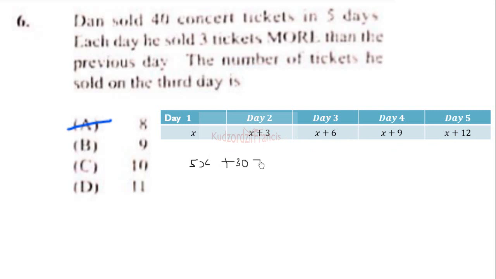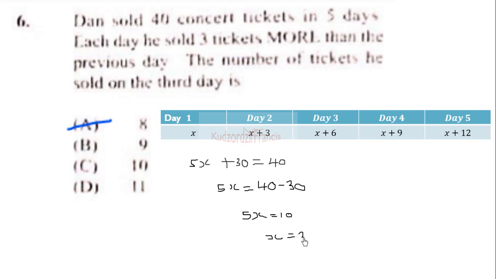And this should be equal to 40. So 5X is equal to 40 minus 30. So 5X will be equal to 10. This means X equal to.